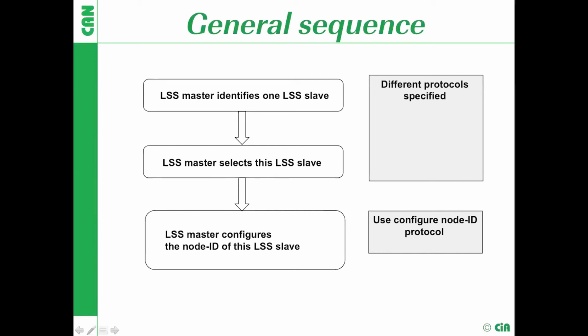For identifying and selecting one slave, there are different protocols and mechanisms specified in the CiA 305 document. But for these two blocks, the mechanism could be improved and updated.